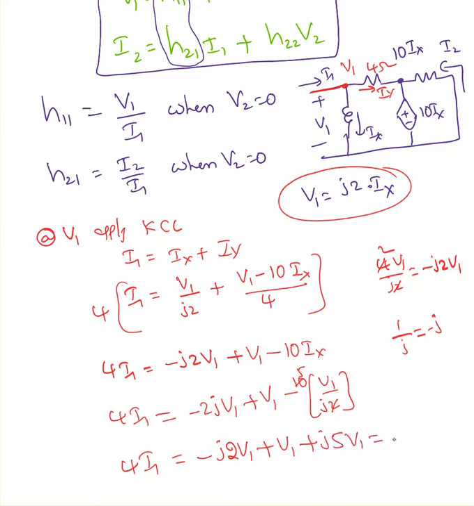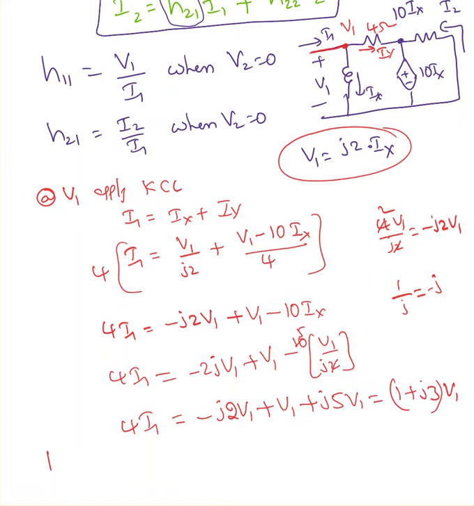So I have 1 plus J3 V1. Now my H11 equal to V1 over I1 is nothing but 4 over 1 plus J3.